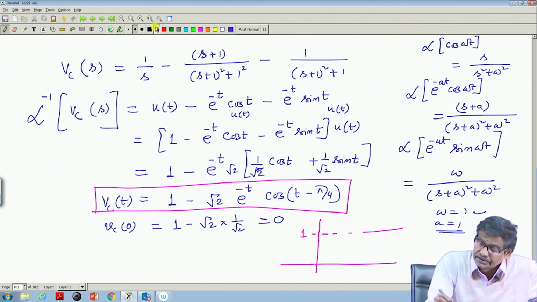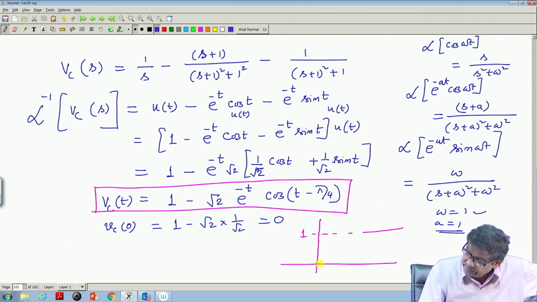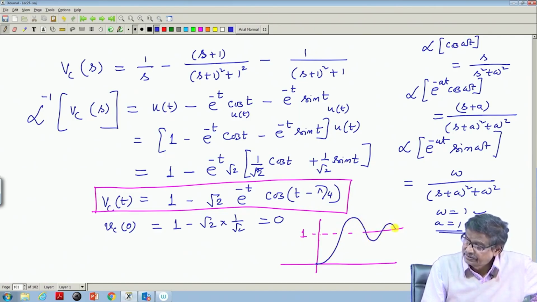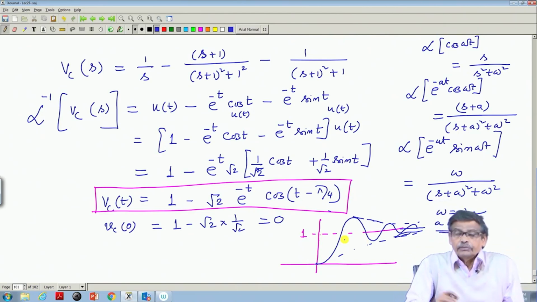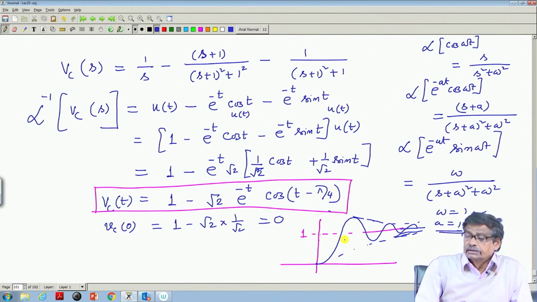So, it will be changing like this, some cosine function is there, there will be some oscillations which will decrease with time, and this sine function is modulated by this damped sinusoidal e to the power minus t. So, it is called oscillatory response of the system. So, capacitor voltage will of course be equal to 1 final value, similar to the previous example, but in the previous example there was no oscillations.